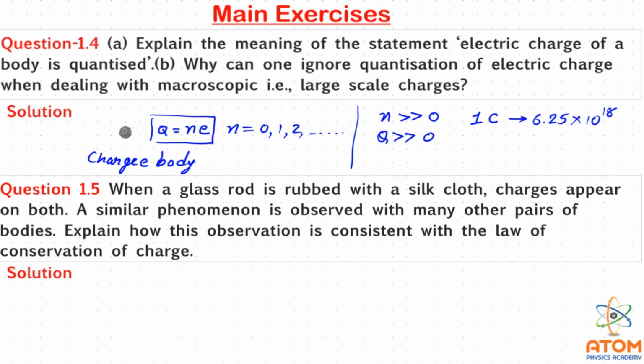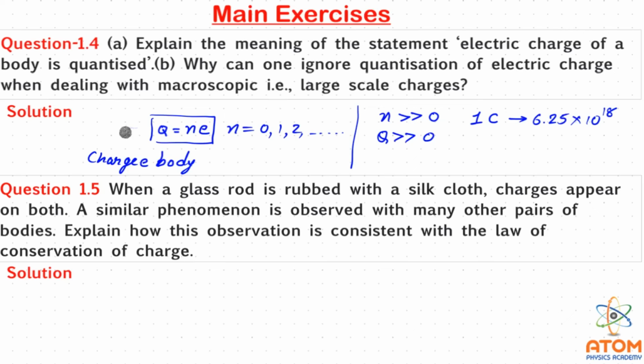Now let us see question 1.5. When a glass rod is rubbed with a silk cloth, charges appear on both. A similar phenomenon is observed with many other pairs of bodies. Explain how this observation is consistent with the law of conservation of charge.